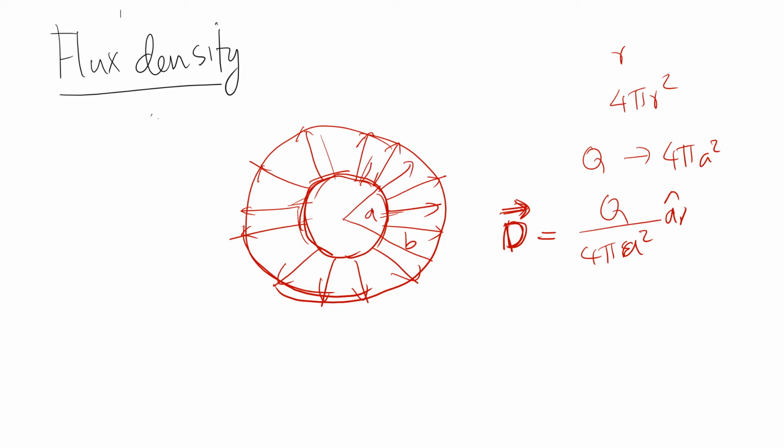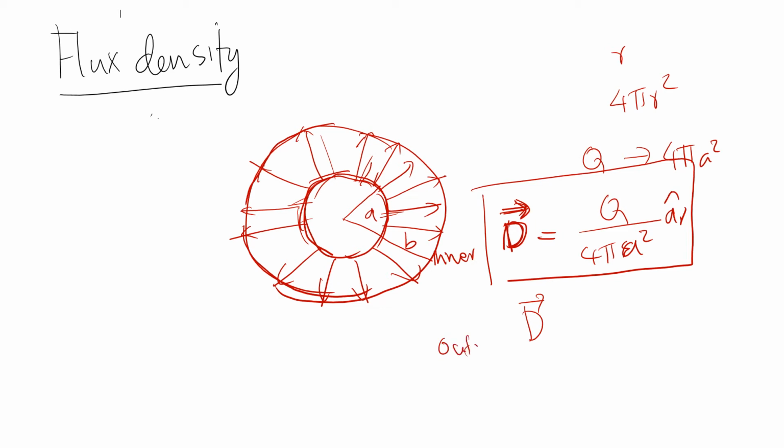Okay, so this quantity is called Q by 4 pi a square for this inner sphere. For the outer sphere, if the radius is b, what is D there at the outer sphere? D is equal to Q divided by 4 pi b square a_r cap.